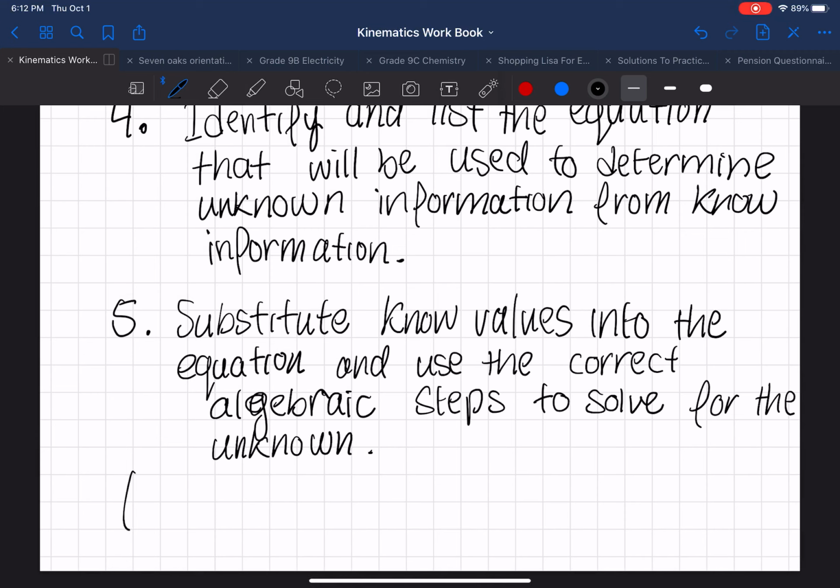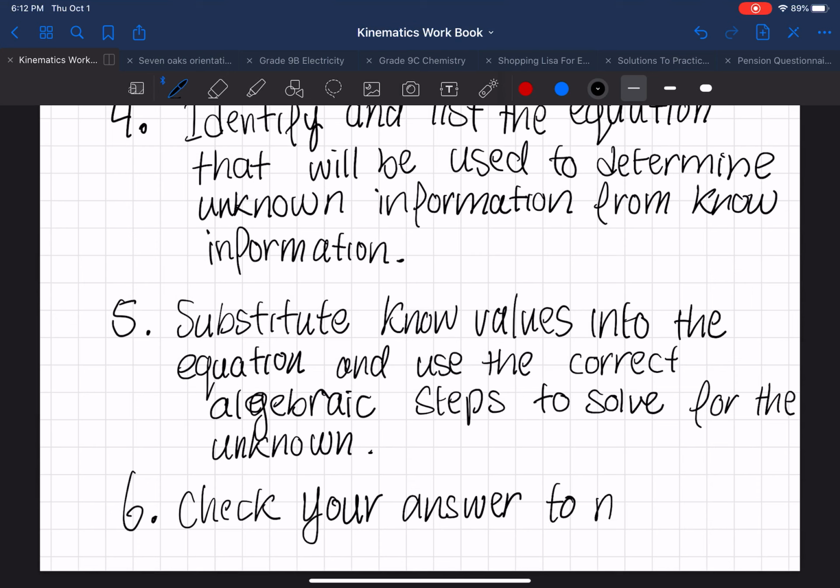Okay, and lastly, the 6th one, check your answer to make sure it's reasonable and correct.